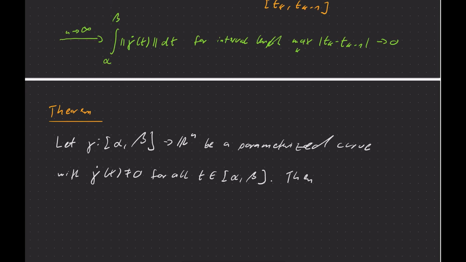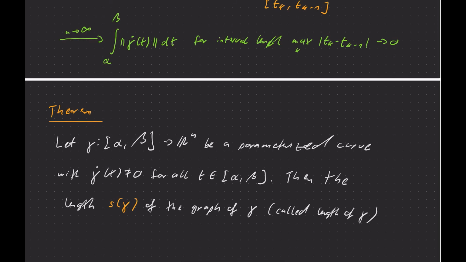Then the length, and that length is usually denoted by s of gamma, of the graph of gamma, that is also referred to as the length of gamma itself.